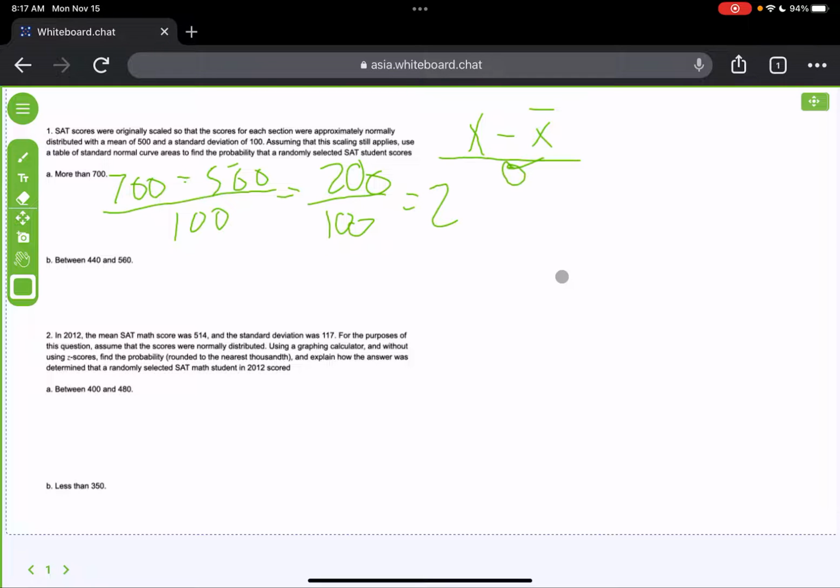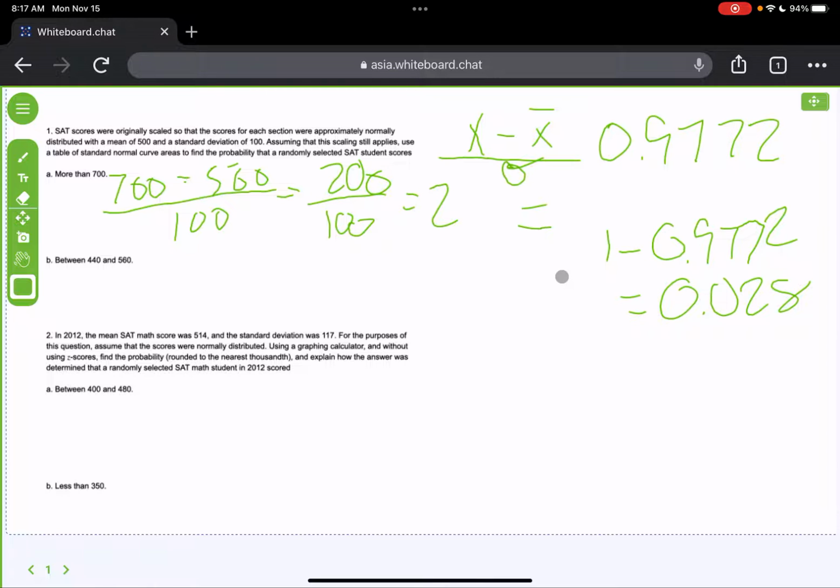So, if this was equal to 0.9772, we would say 1 minus 0.9772, and that would equal 0.0228.